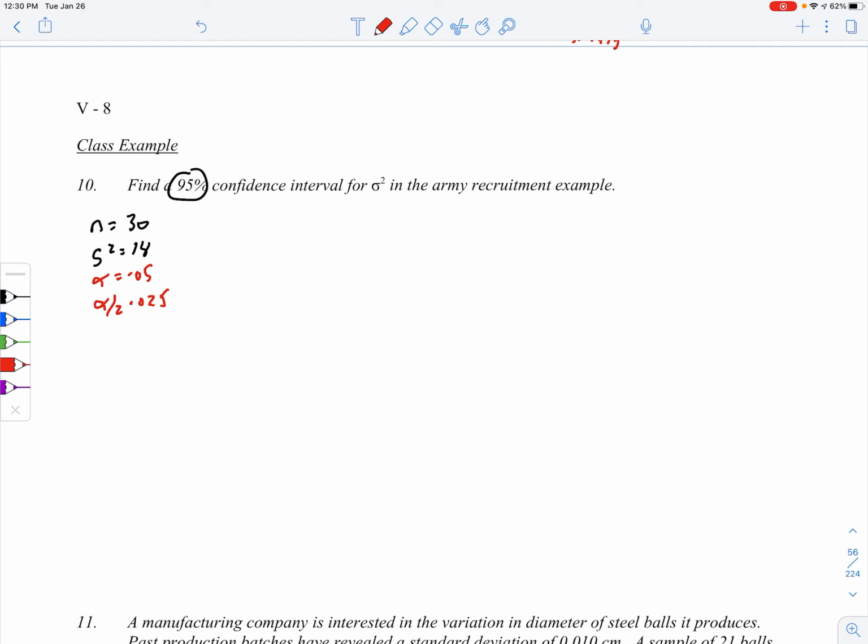All right, so what we need to find out then is these two guys here. n minus 1 times s squared over sigma squared, and this would be the 0.975 value, 29, or if you like, this is something you can do. You could say 2.5% going that way, and then 2.5% going that way.